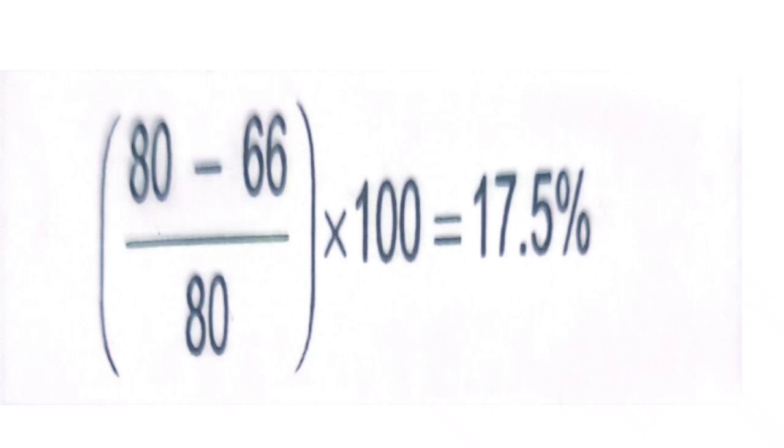Now, sources of errors include wrong reading from apparatus. If the apparatus are not accurately read, then there can be an error which can affect our results. Another error would be phosphorus may not react with all the oxygen in the gas jar.